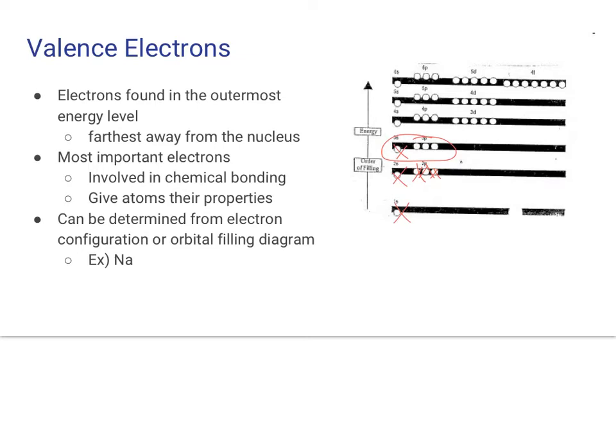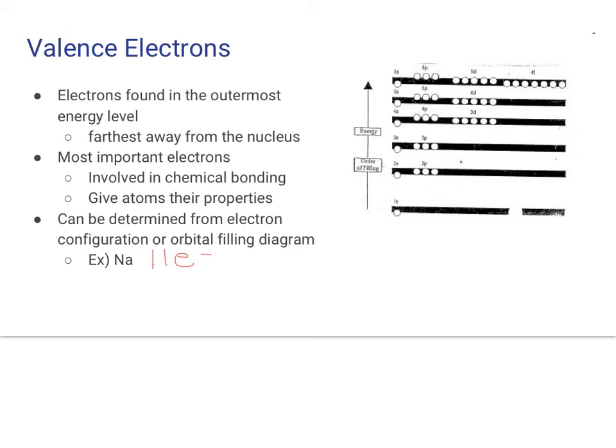The number of valence electrons an atom has can be determined by looking at the electron configuration or the orbital filling diagram. So if we look at sodium, and this is going to be a little bit of a review from writing electron configurations, we know sodium contains 11 electrons.